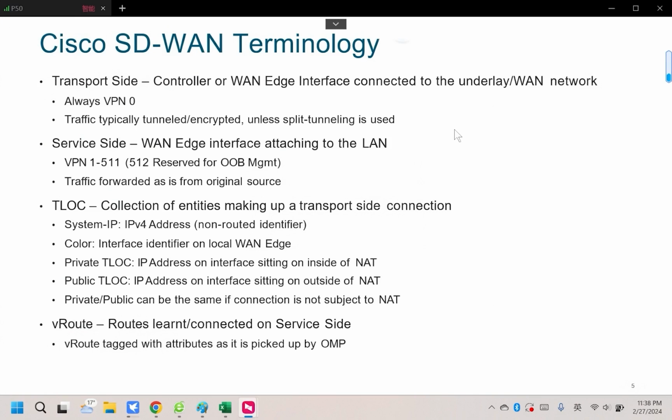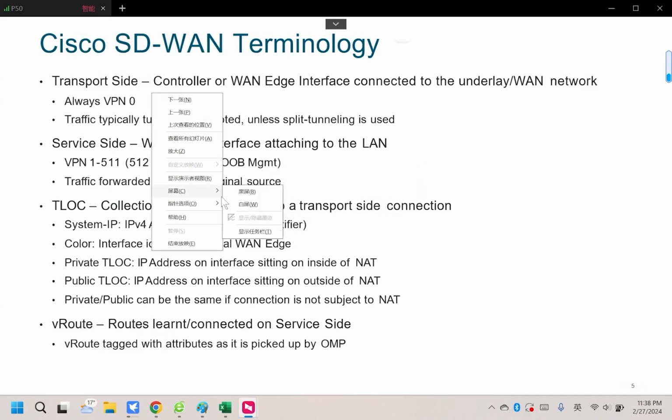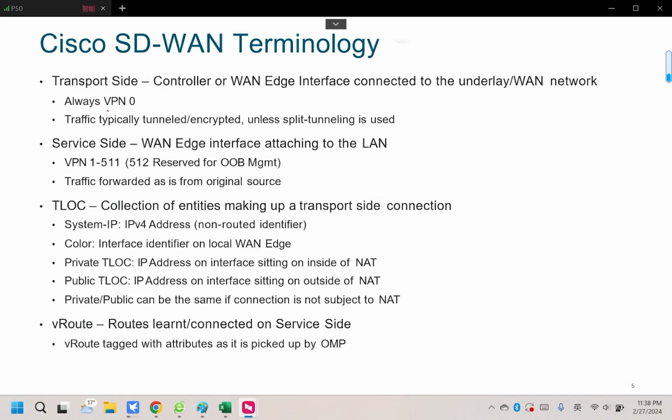We can all consider them as transport, or transport side, when deploying. By default, put the transport physical line in VPN 0 on routers. It's actually a VRF here, VPN. From the router's perspective, it's a VRF. We emphasize this point.